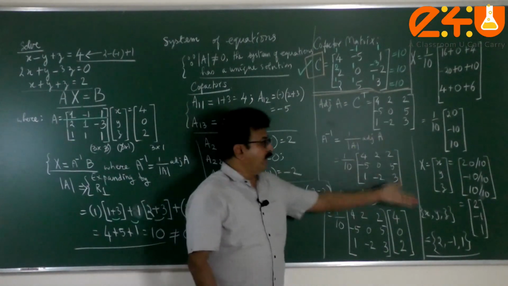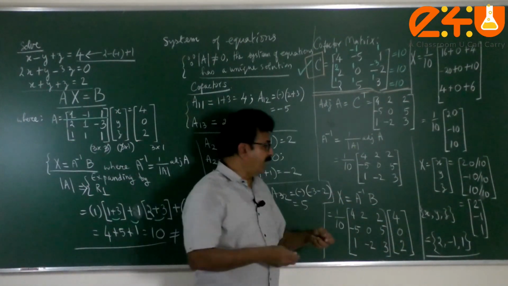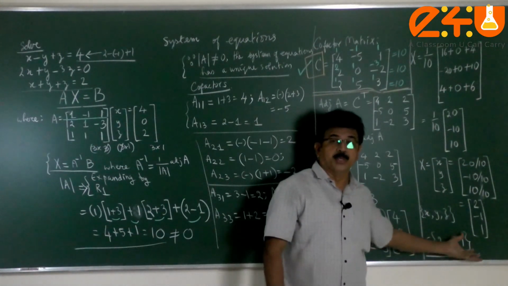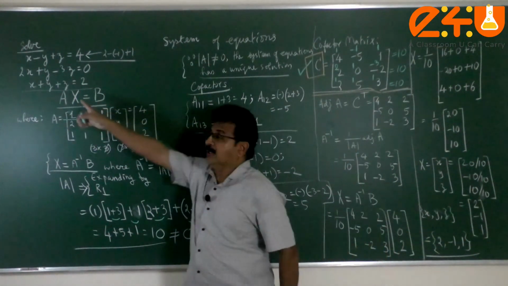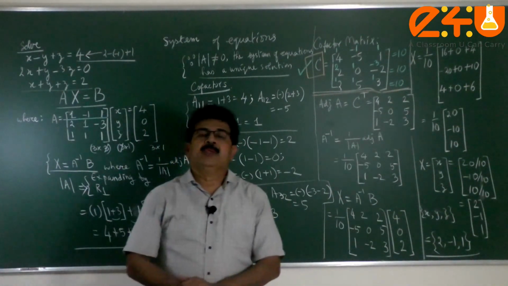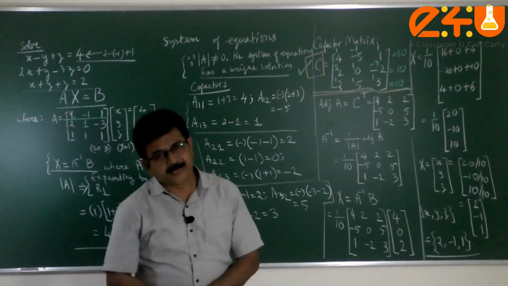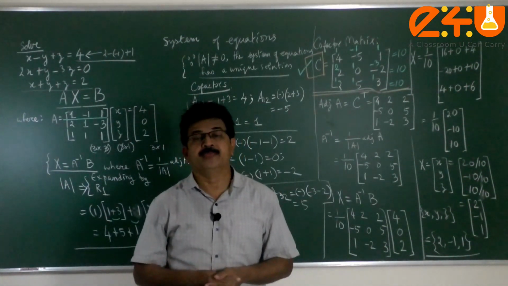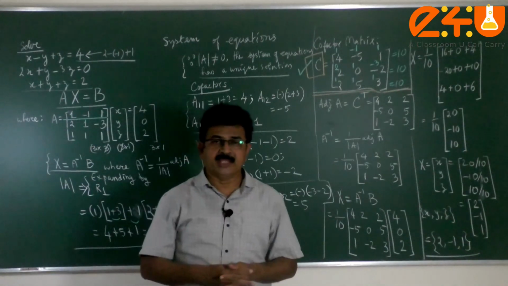That will reduce your anxiety and panic at the last step, if you do not get a proper solution which satisfies all the equations given. So this method is very effective, and hopefully you are going to get the same variety of question in the board examination also.